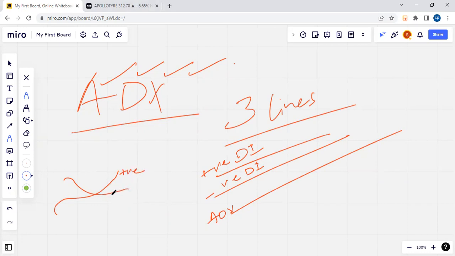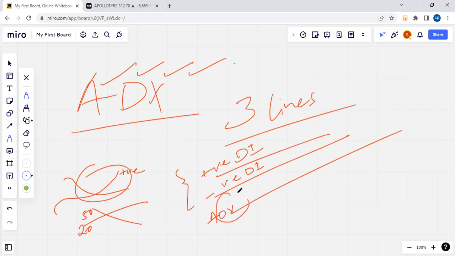If the negative DI is above, we will consider the trend is negative. It is like how we consider an EMA crossover, like the 20 EMA crossing the 50 EMA. Like this, we consider the positive DI and negative DI.